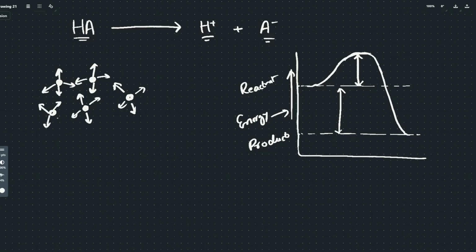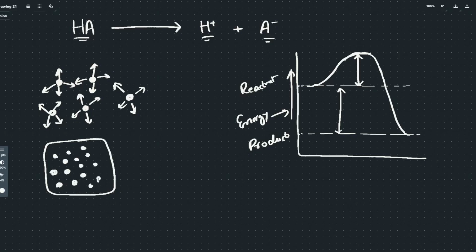So now I have a question for you. Suppose we have two containers. This is one container in which the concentration of reactants is very high. So many reactants are there. And here we have another container, and here the concentration of reactants is low. Out of these two containers, in which container will the collisions be more frequent?